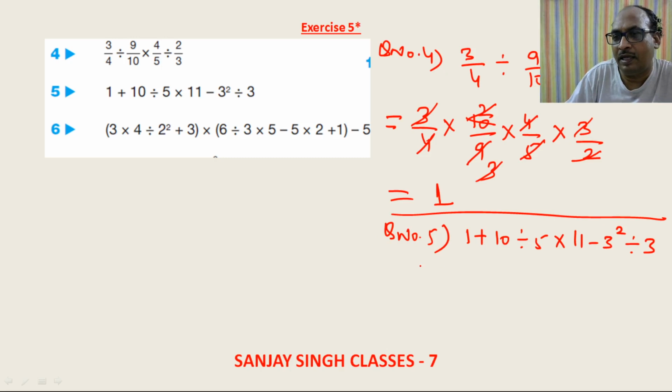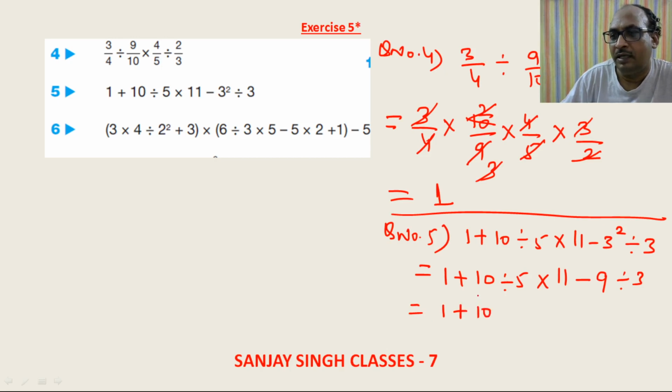So again further, 1 plus 10 divided by 5 into 11, indices is there, so this 3 square will become 9 divided by 3, and then again 1 plus 10. Now the division part we will be solving. So 10 into 1 by 5 into 11 minus 9 into 1 by 3.